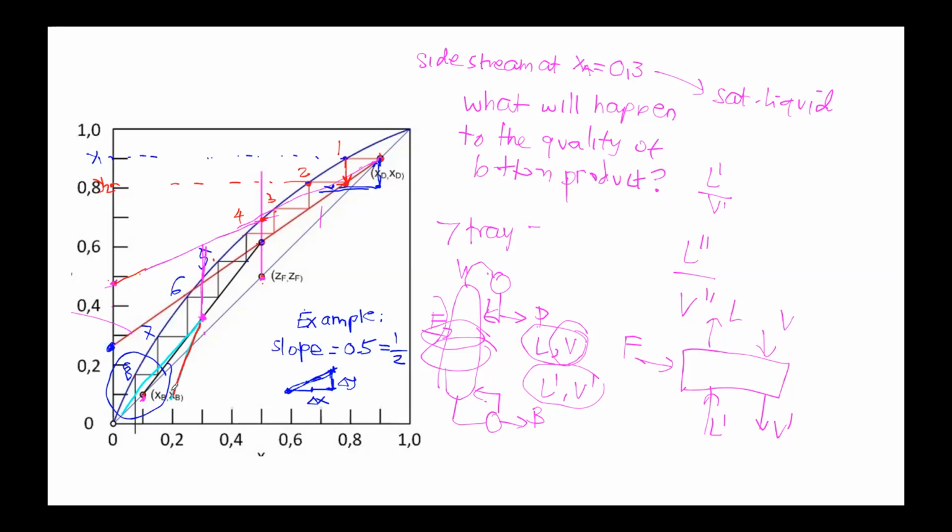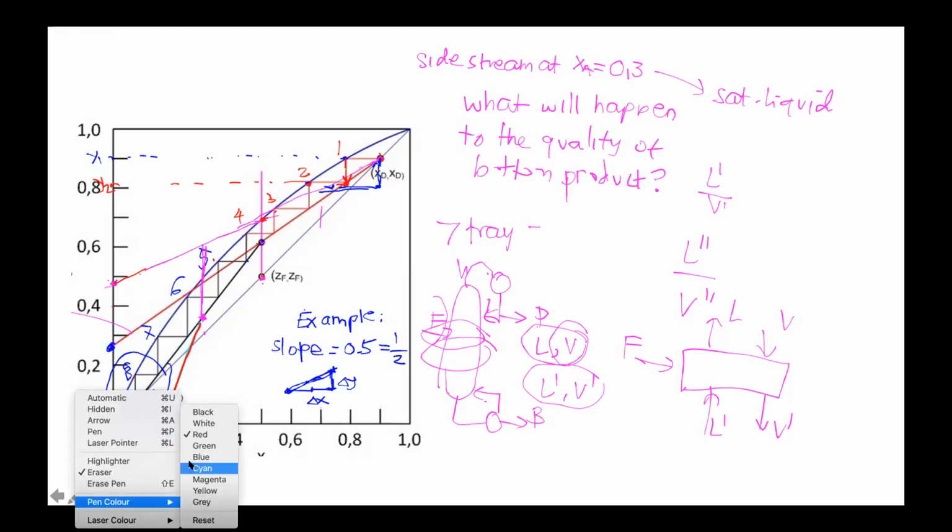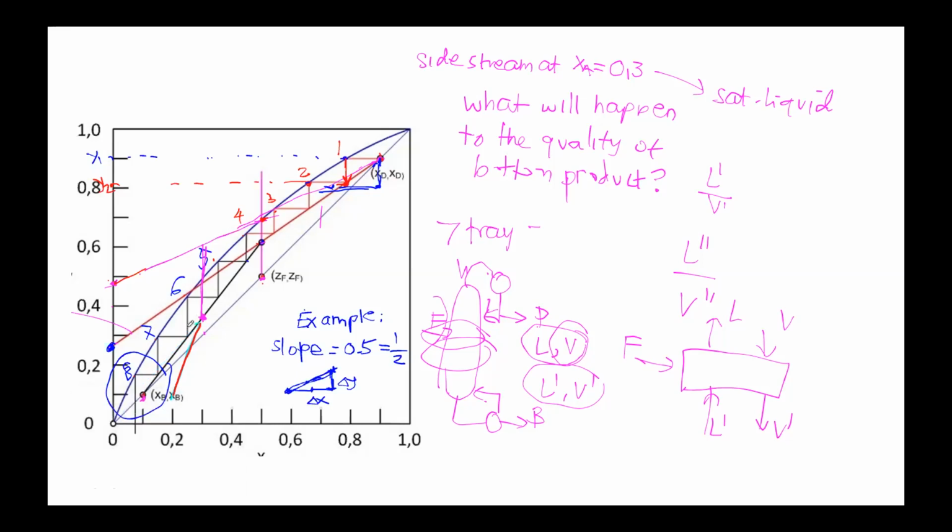What do you think about the slope? I think it's the red one, ma'am. The red one. Why? Because the side stream is saturated liquid, right? Yeah. So the slope will be steeper.